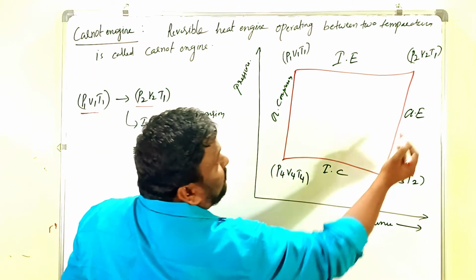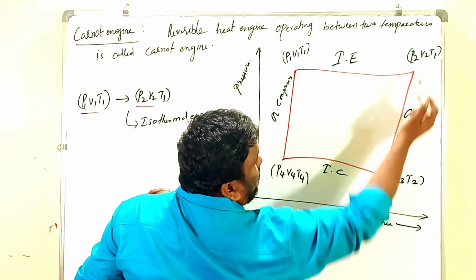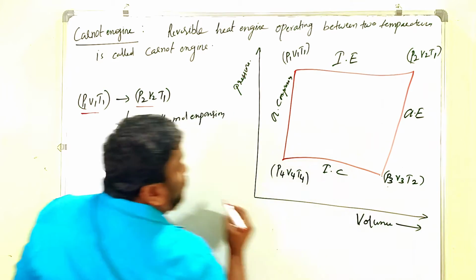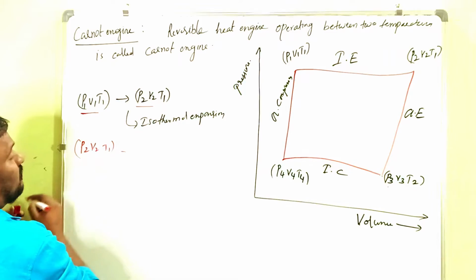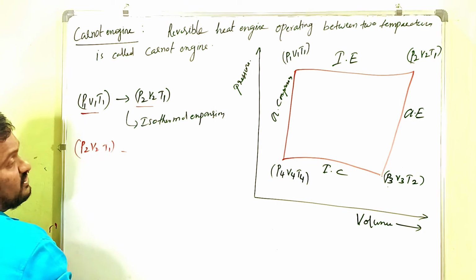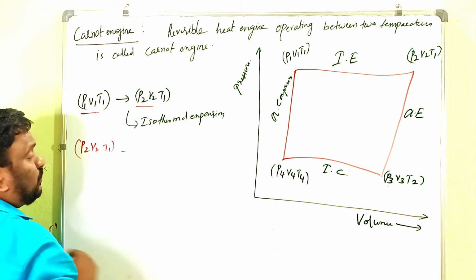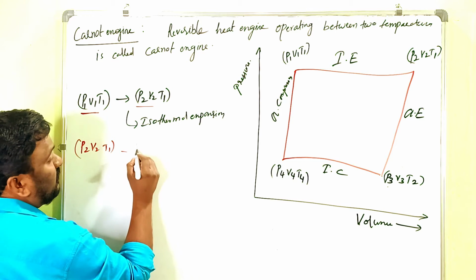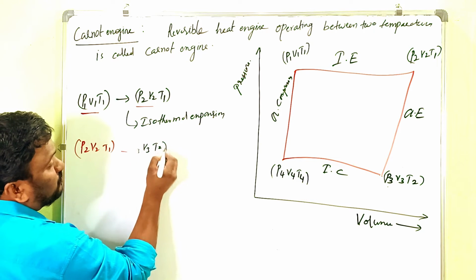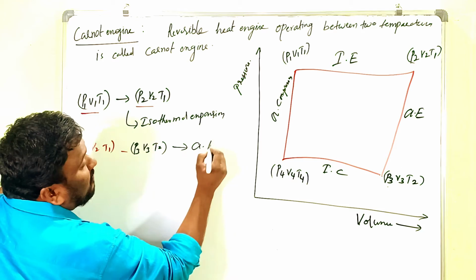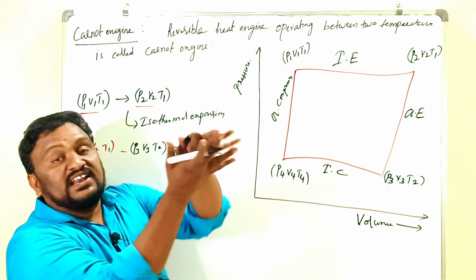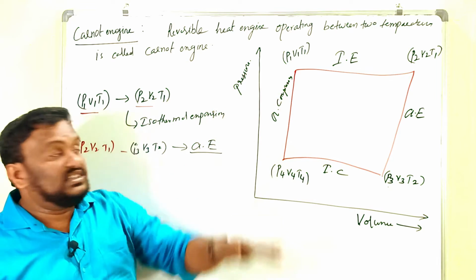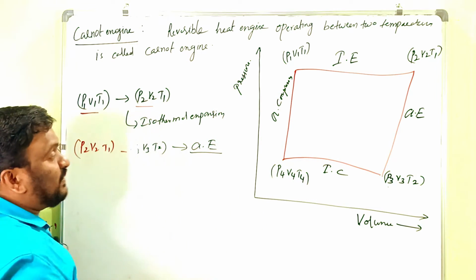And next thing is P2 V2 T1 to P3 V3 T2. That is the adiabatic expansion. If the expansion takes place suddenly, that is what I call adiabatic expansion.